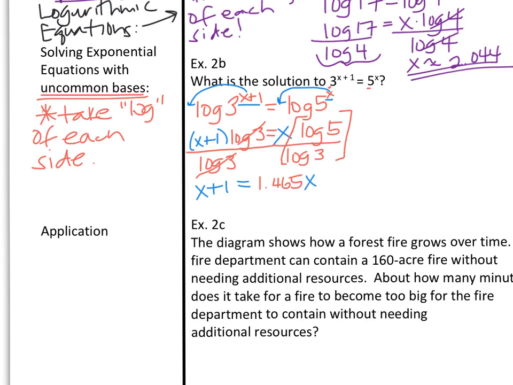Notice there's 1 on each side. I'll move the x over on the left to match on the right. And that leaves us with just 1 on that left-hand side. On the right, 1.465x minus x would give us a coefficient of just 0.465. To get x by itself, we'll divide.